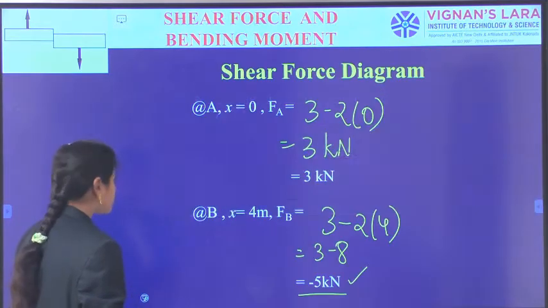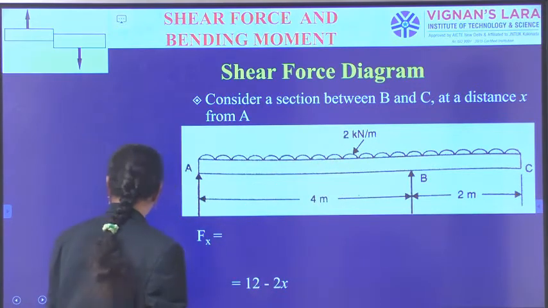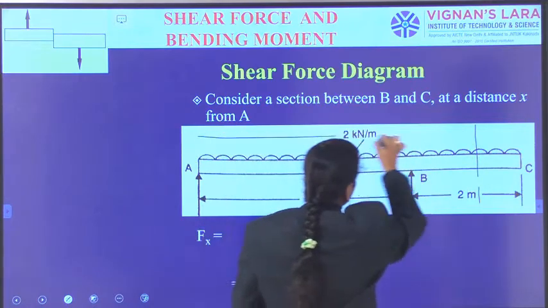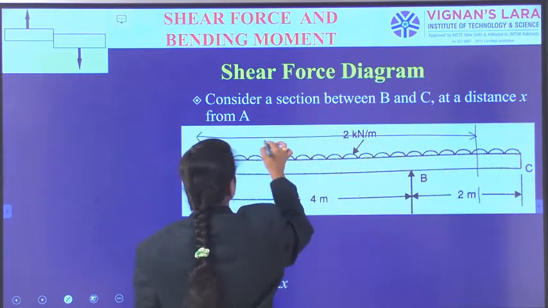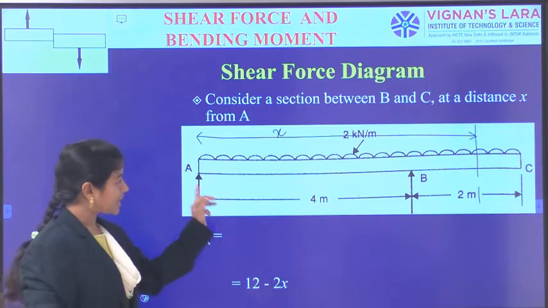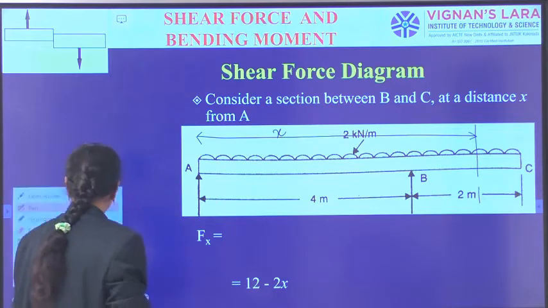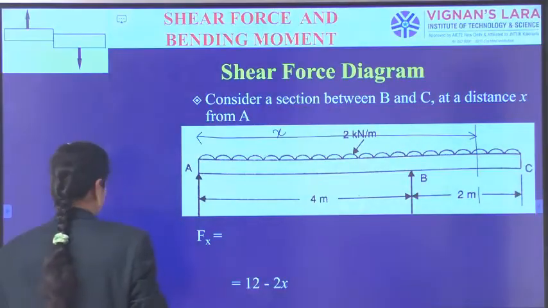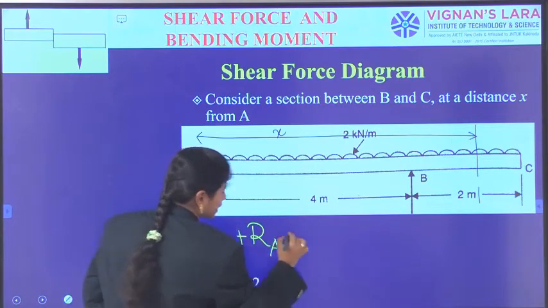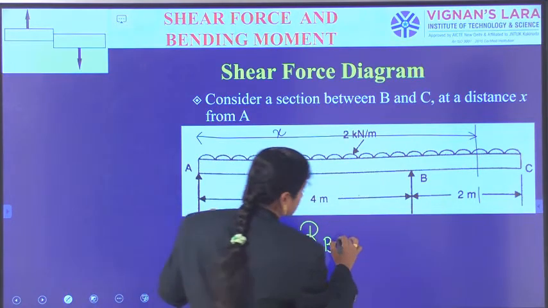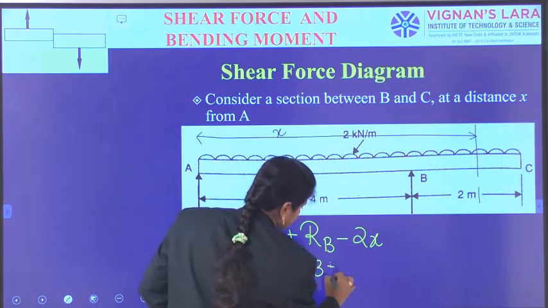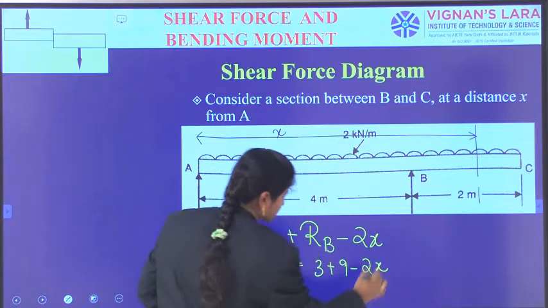Now we are considering the next section in between B and C, located at a distance x from A. Now the forces involved are RA, RB and a UDL of x length. So, left side upward RA and left side upward RB minus 2 times x, which is equal to 3 plus 9 minus 2x.